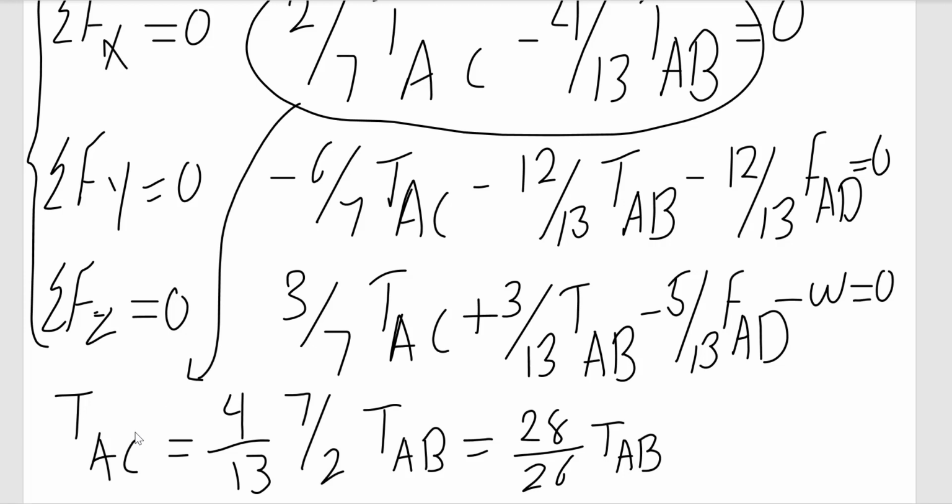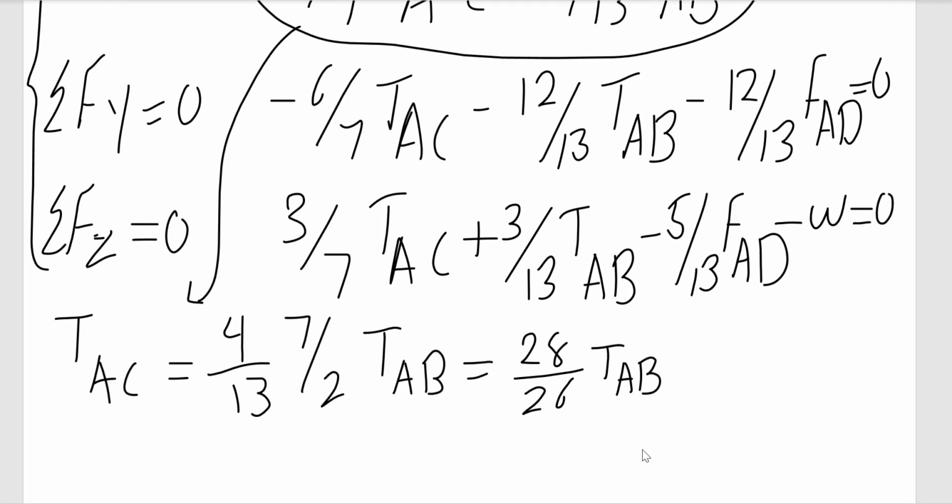So TAC is 28 over 26 TAB, which means more than one TAB. So TAC is carrying a larger load, is larger than TAB. So I can replace TAC with 300.